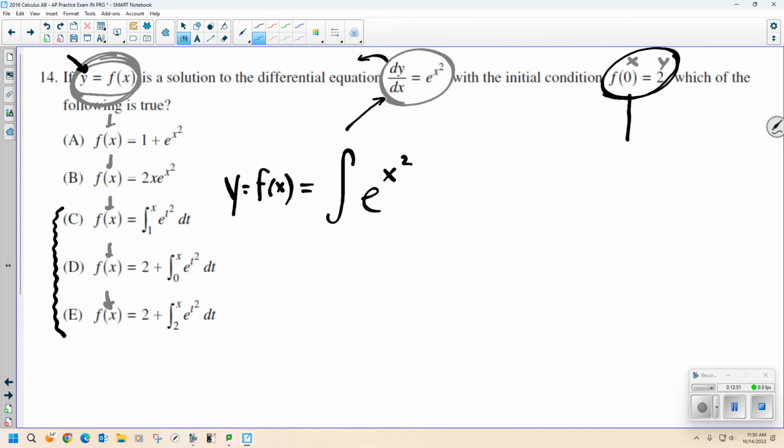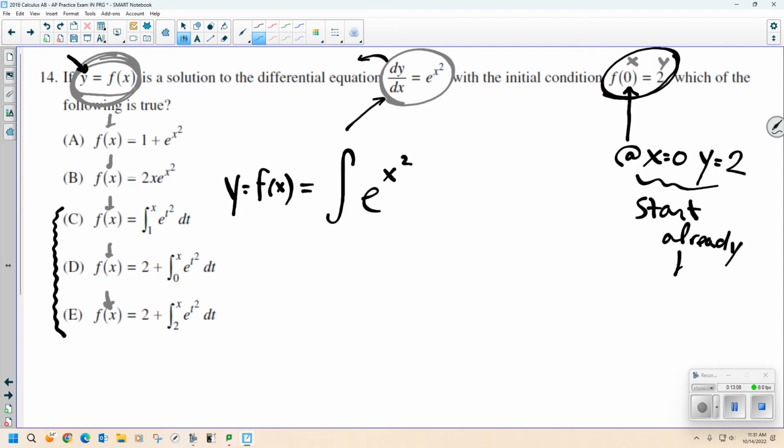This means when we start at 0, I already have an output of 2. So this just tells me that when I start, I already have a value of 2.